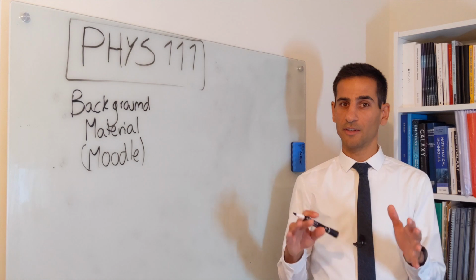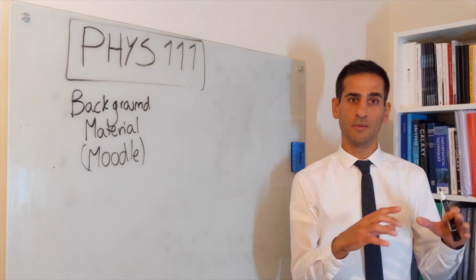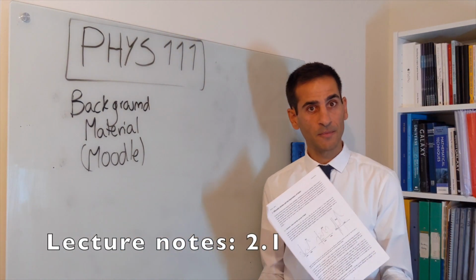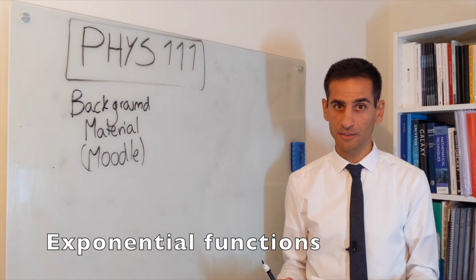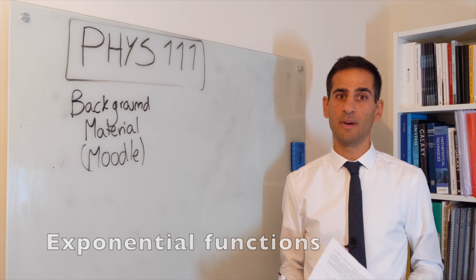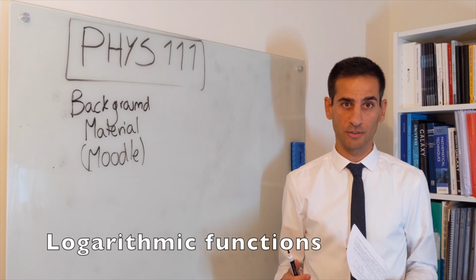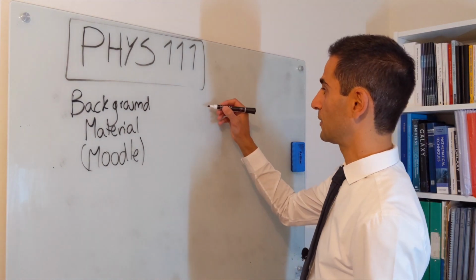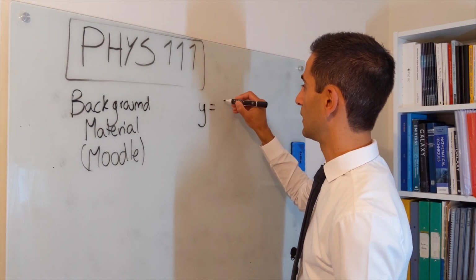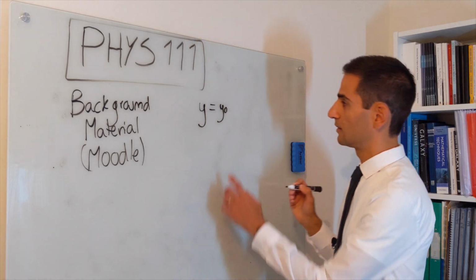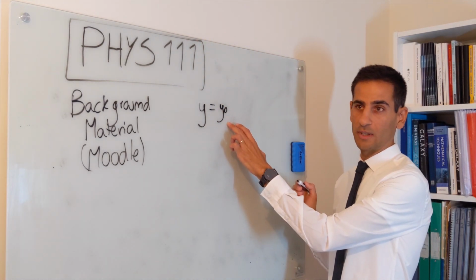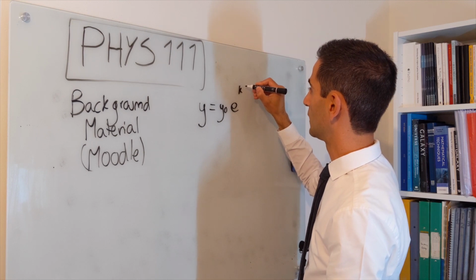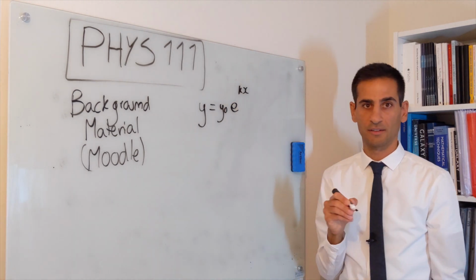The other thing that's very important is to recap something from the lecture notes about exponential functions, and even more importantly about logarithmic functions. If you don't remember, an exponential function is very simply given by the value of the function when x equals 0, times e to the power of kx.